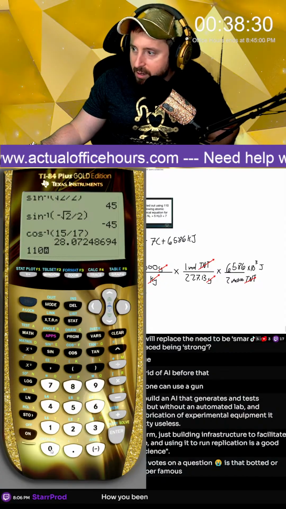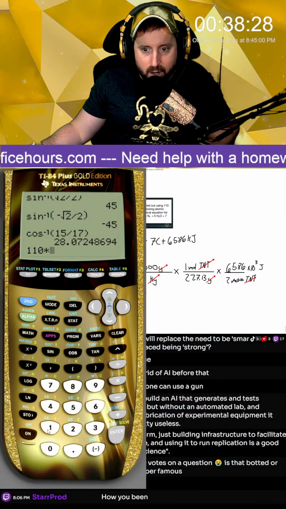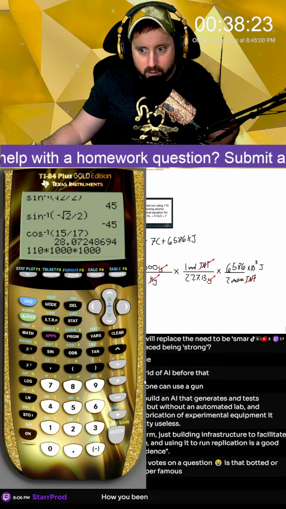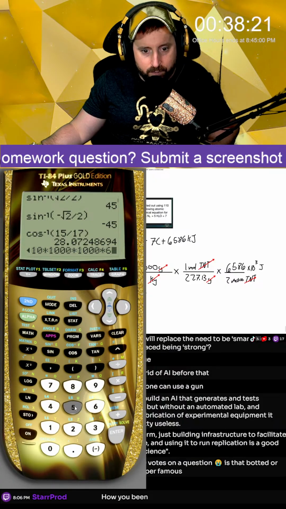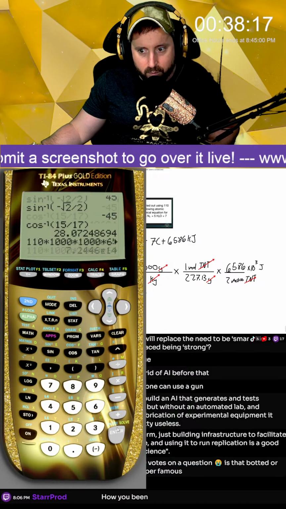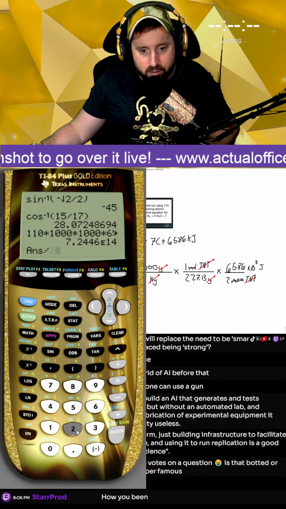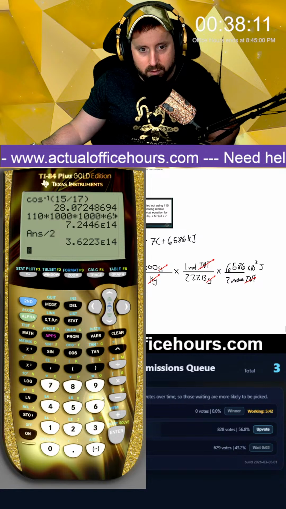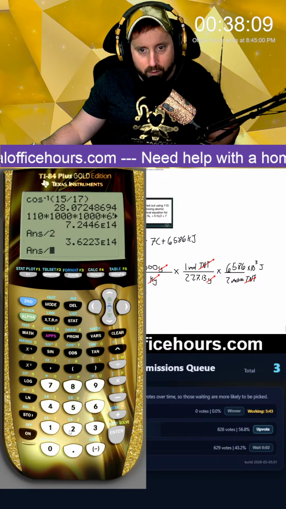So 110 tons times 1,000 for the kilograms times 1,000 for the grams times 6,586 e to the 3, big number. Then we're going to divide that by 2 and then divide that by 227.13.